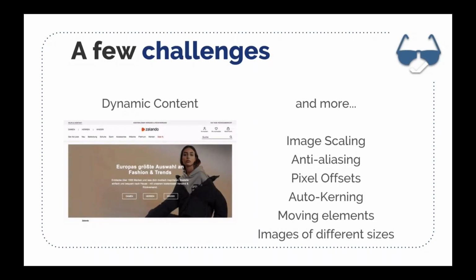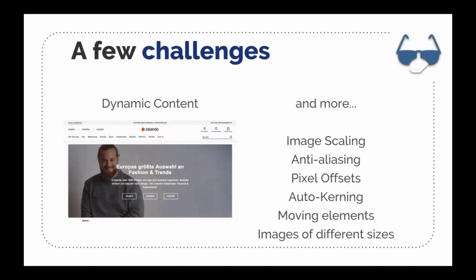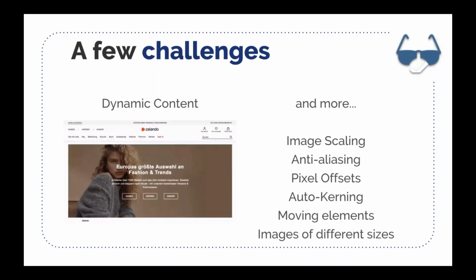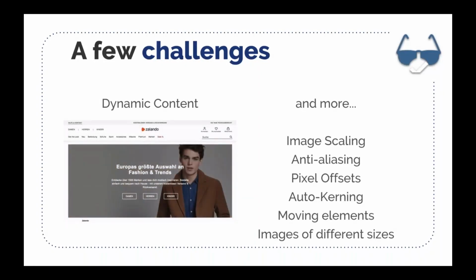There are some challenges with visual testing, and I'm not going to go through all of them, but a few of them were interesting for us in the process of finding out what works for us. When you have dynamic content in a website, it's very complicated to do a visual test because it's changing the whole time, of course.